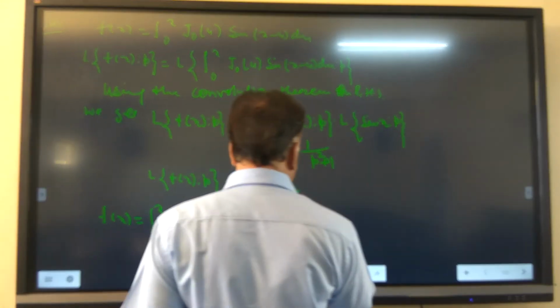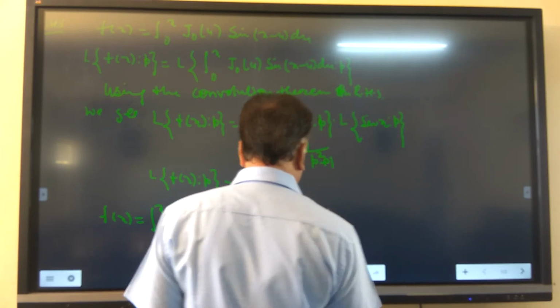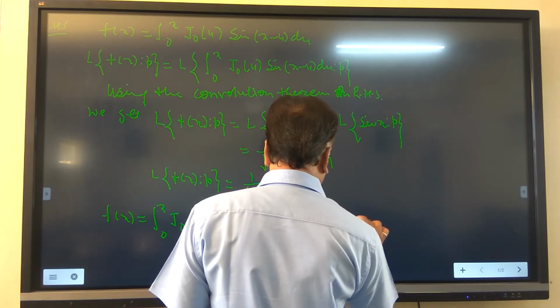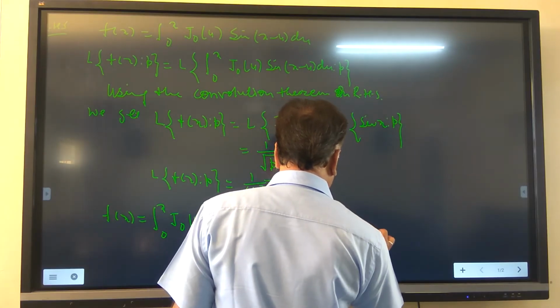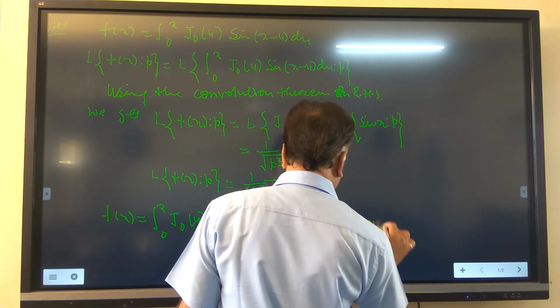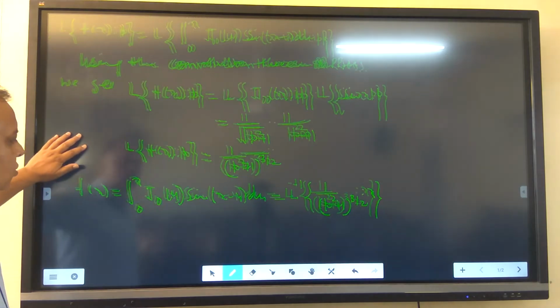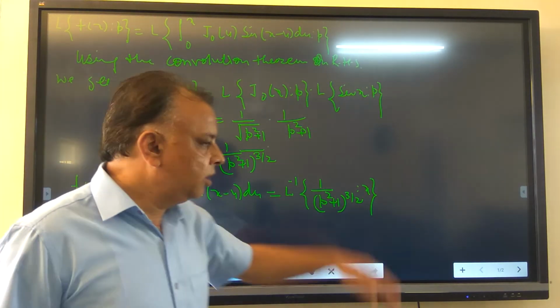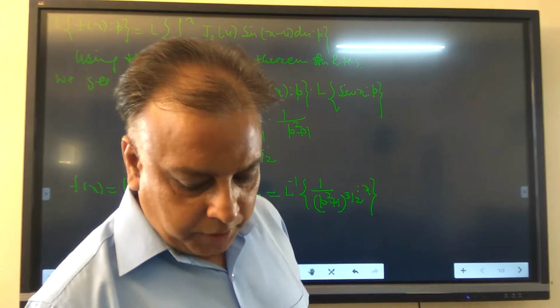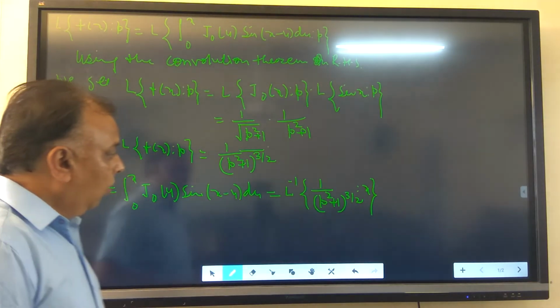So taking the inverse Laplace transformation, this is equal to the inverse Laplace transformation of 1 upon (p square plus 1) raised to 3 by 2 with respect to x.